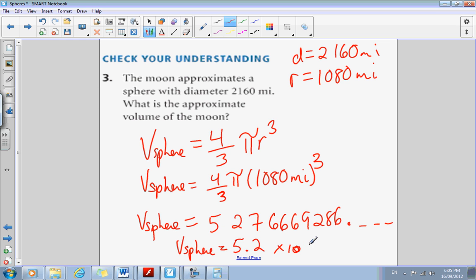You find out what the power is by moving the decimal in front of the 2. So we go over 1, 2, 3, 4, 5, 6, 7, 8, 9. So we get 5.2 times 10 to the 9 miles cubed.